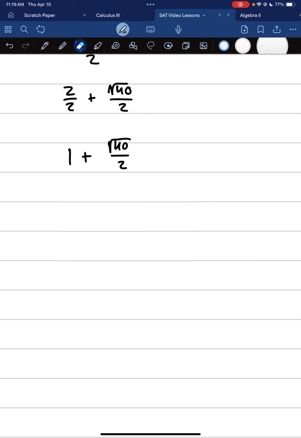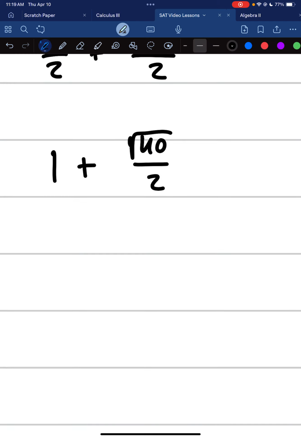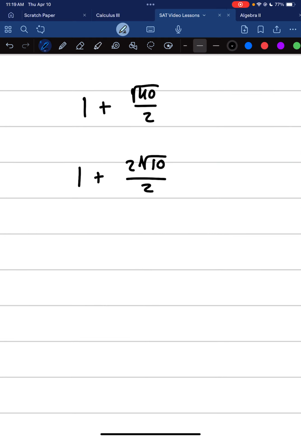Now what I can do is replace root 40 with 2 root 10, and I end up with 1 plus 2 root 10 over 2. And I can cancel out the 2 on the numerator and denominator, and I end up with 1 plus root 10, which is in the form that they wanted us to have it.